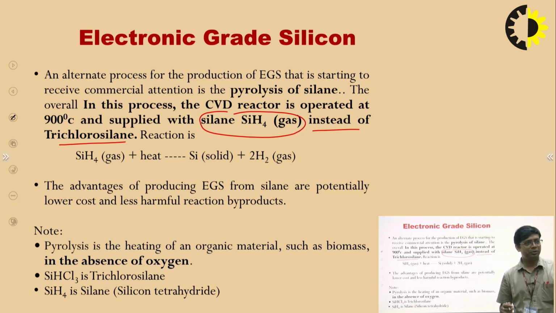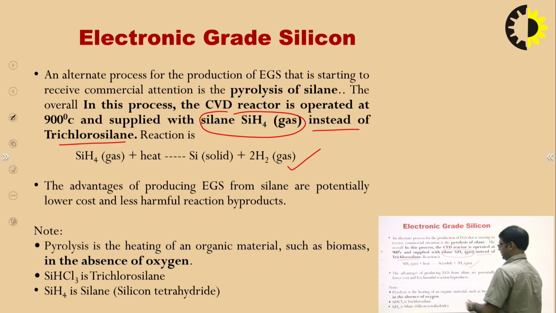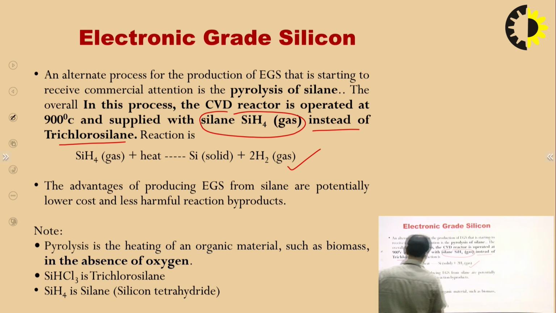If we use silane gas, then the reaction that takes place in the CVD reactor to get the silicon is given by SiH4 plus heat gives you Si plus 2H2. And the advantages of producing EGS from silane are potentially lower cost and less harmful reaction byproducts. So these are the advantages.